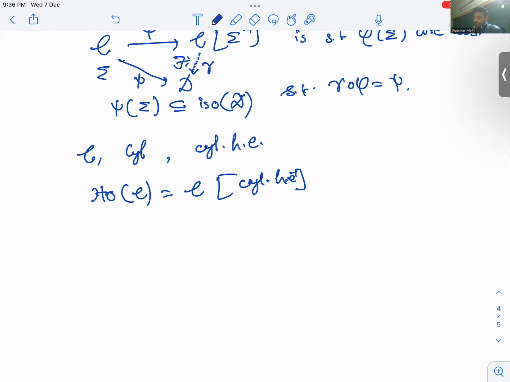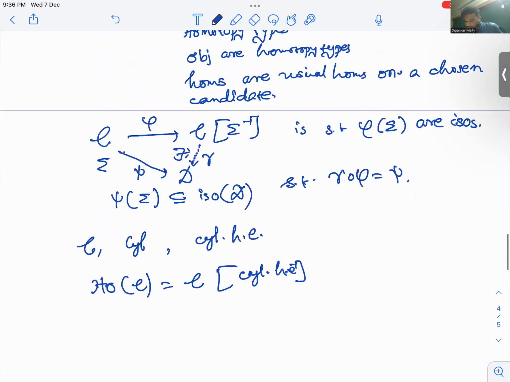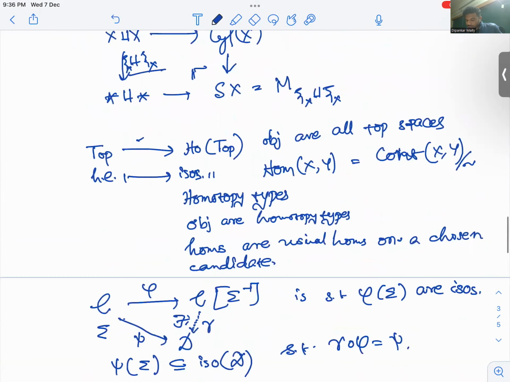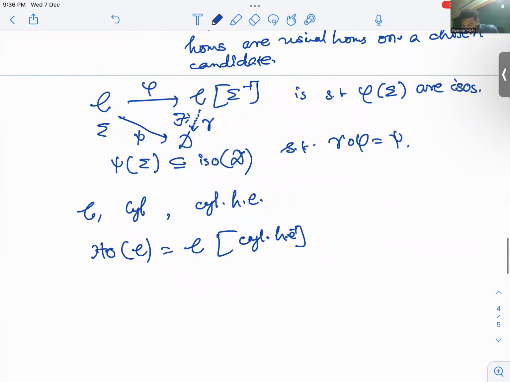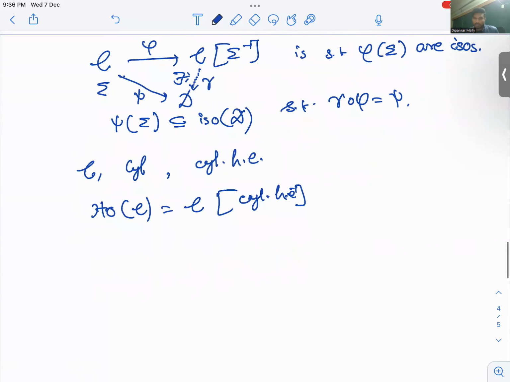Well, if the homotopy relation given by a cylinder structure is an equivalence relation and it is well behaved with respect to composition, then there is no problem in quotienting out.